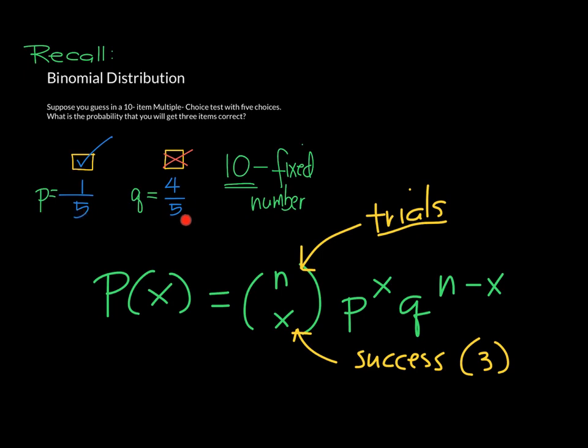This over 5 was determined based on the number of choices that we can have. Remember that in order for you to get the answer right in a multiple choice item, there is only one correct answer. So that's 1 out of 5 choices. And you will get the wrong answer 4 out of 5 choices.